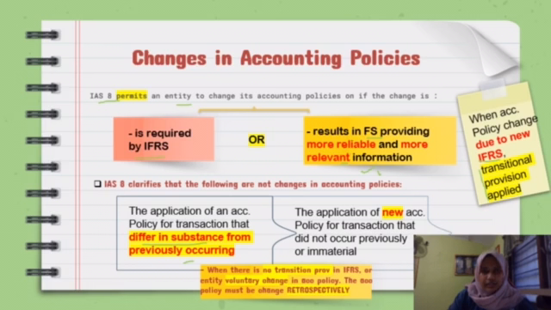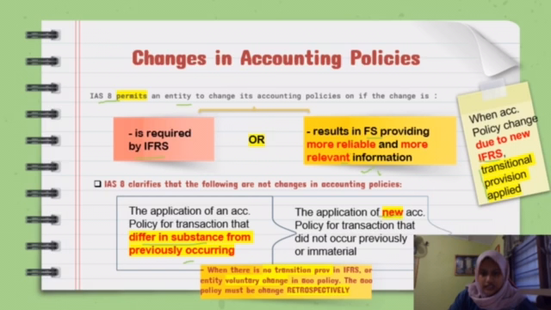If that is the first time the accounting policy was introduced, it is not considered a change in accounting policy. Secondly, the application of a new accounting policy for transactions that did not occur previously or were immaterial.